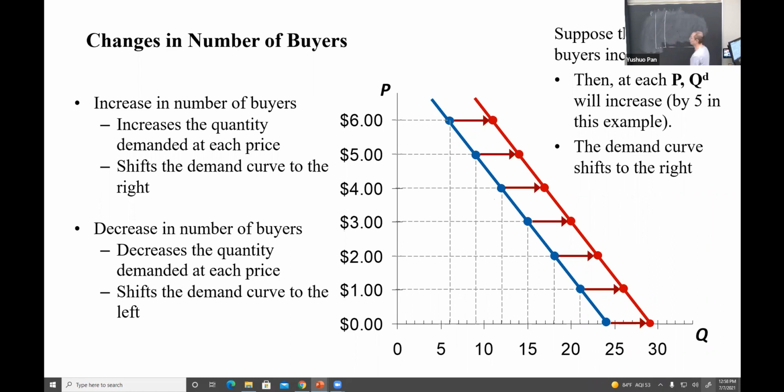No matter what the price is, the new buyer will always buy 5 units. Which is not a reality, but this is the case in this example. Because no matter what the price is, from 0, even though the price is equal to 0, the new buyer only wants to buy 5 more. When the price equals 1, again, only 5 more. The same. So the demand curve for this specific buyer should be a vertical line, but that's not a reality here.